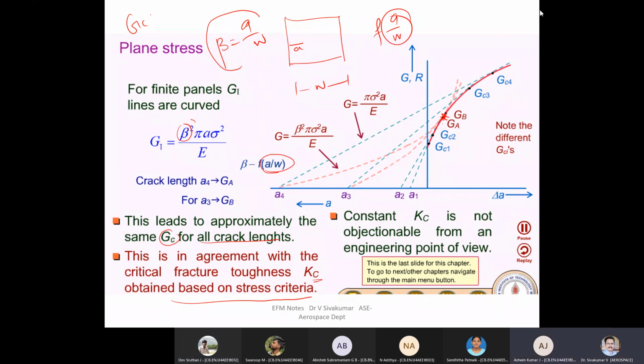What else? Somebody was asking something. Sir, I was about to ask, this beta is the ratio between the crack and... When you do practical problems, you will understand better. Beta is one factor I get, depending upon the ratio of my crack length with respect to the width of that particular section. That's all. Though the problem was big, the solution is very small. That is what you could not digest. It's just adding a curve, sir.